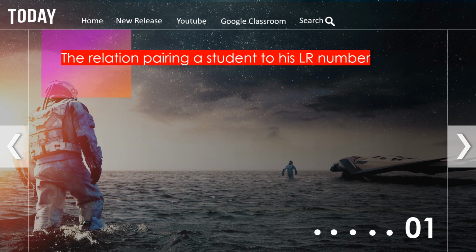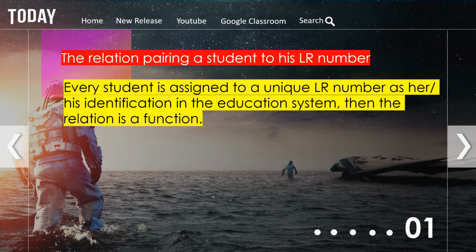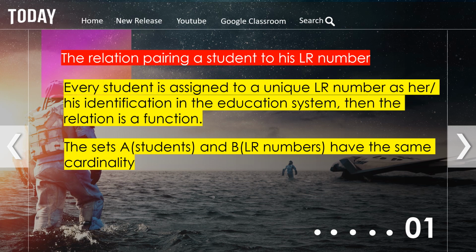How about the relation pairing a student to his LR number? Every student is assigned a unique LR number as her or his identification in our education system. Therefore, the relation is a function.